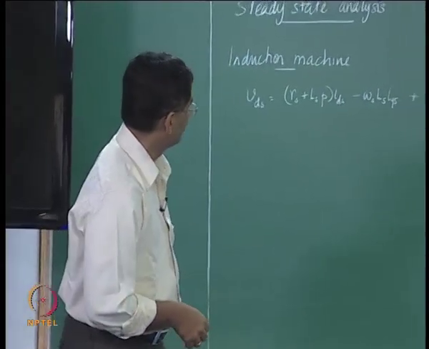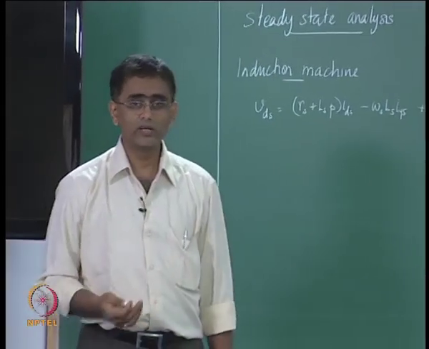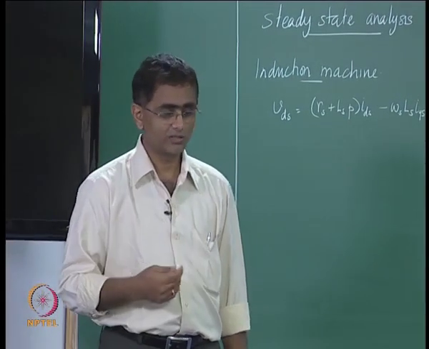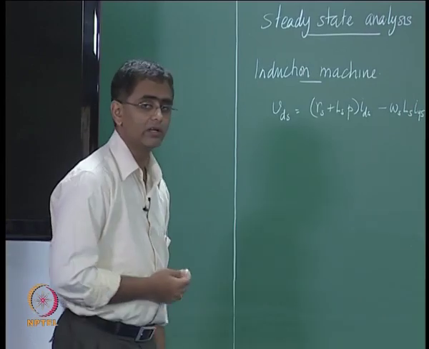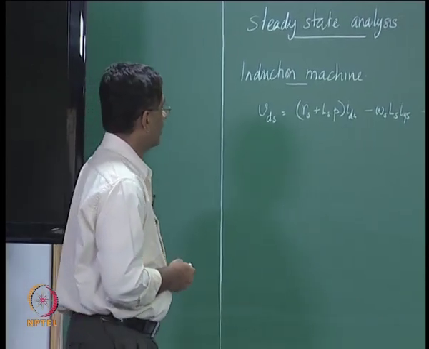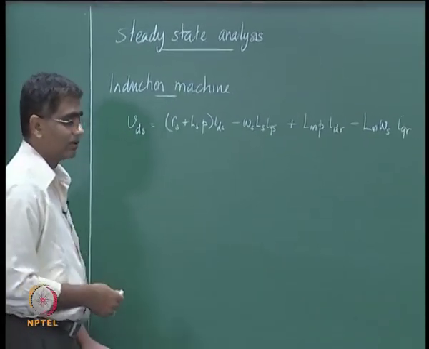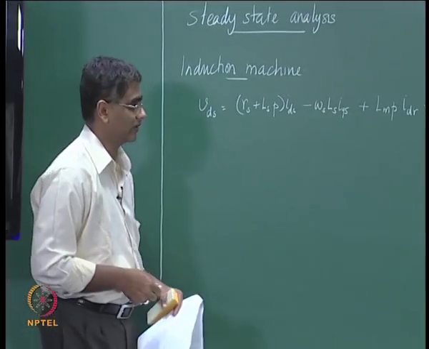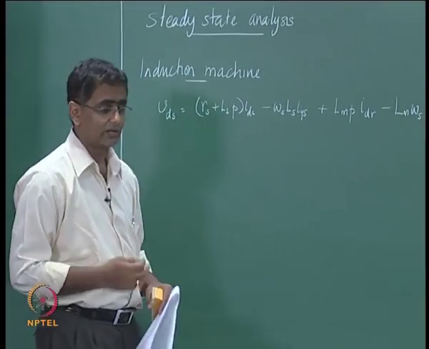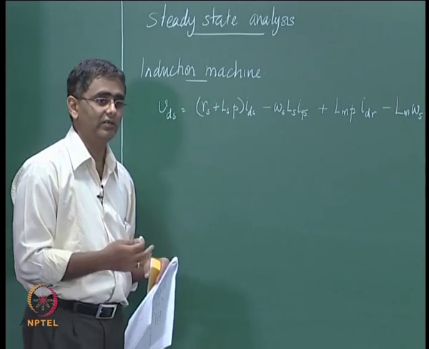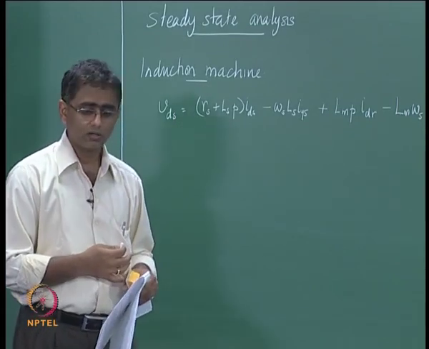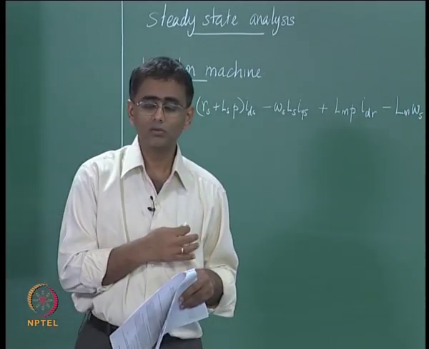and therefore d by dt terms can be made 0. Why is it that d by dt terms can be made 0? These equations are written in the synchronous reference frame, and in the synchronous reference frame we have already seen that all the variables reduce to DC terms.